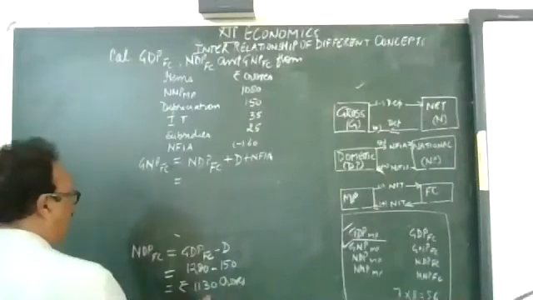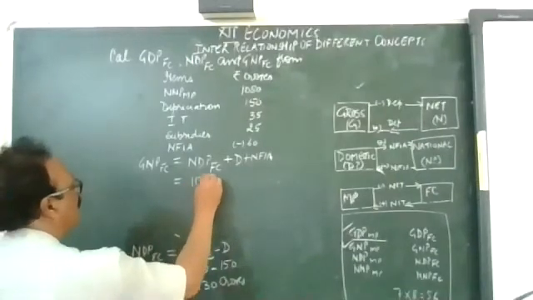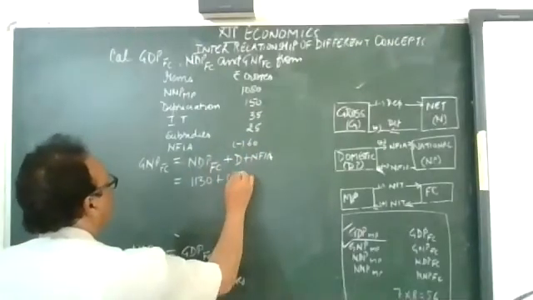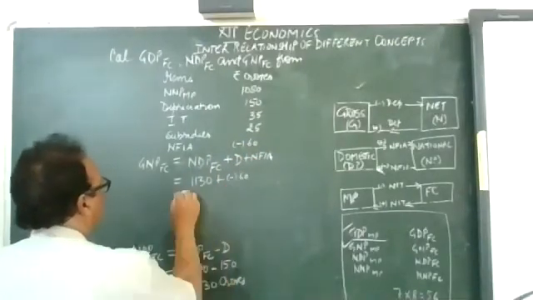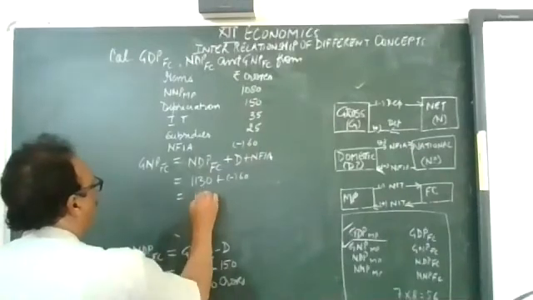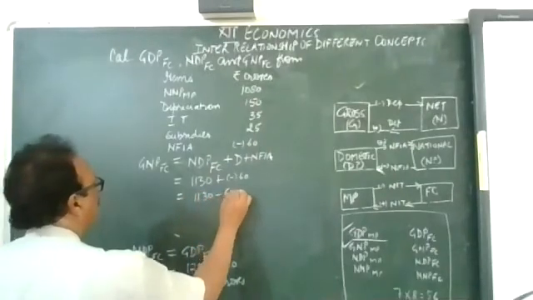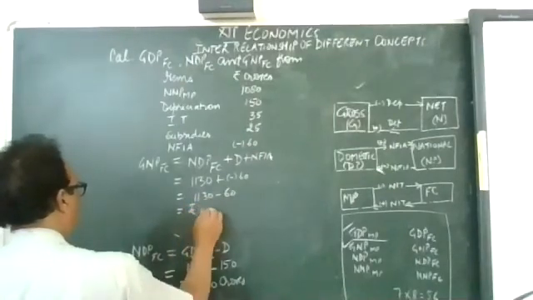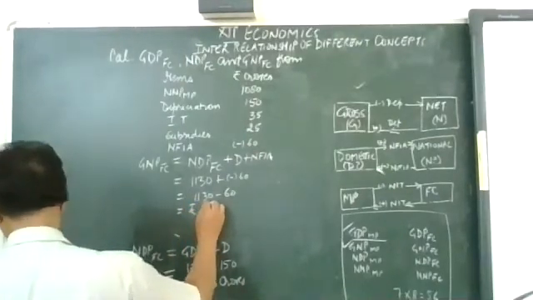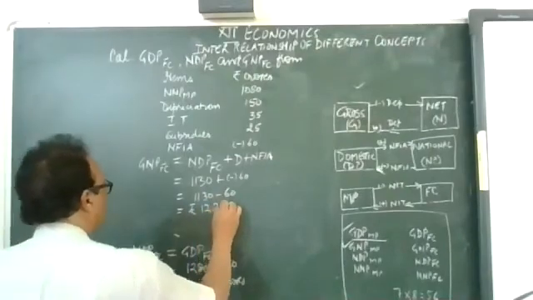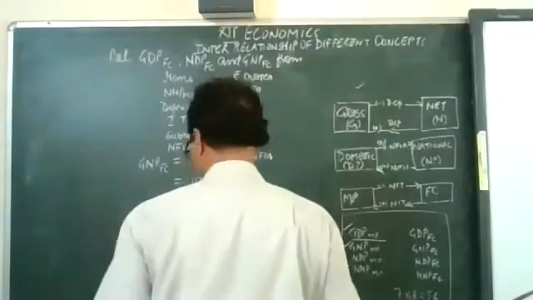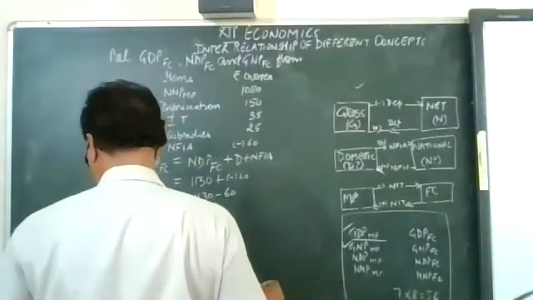NDP at factor cost we calculated 1130 plus net factor income from abroad, minus 60. So this is equal to 1130 minus 60, and that is equal to 1112.